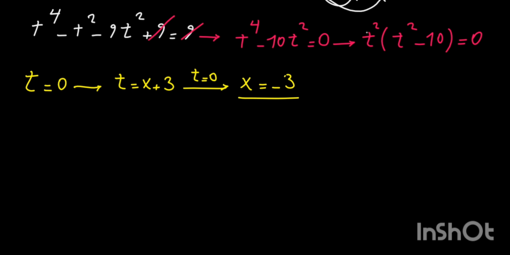And the second one is, if t squared minus 10 is going to be equal 0, then t will be equal positive and negative square root of 10.